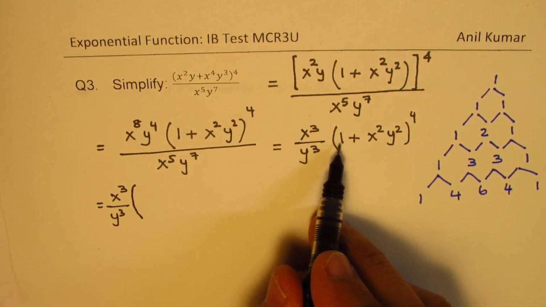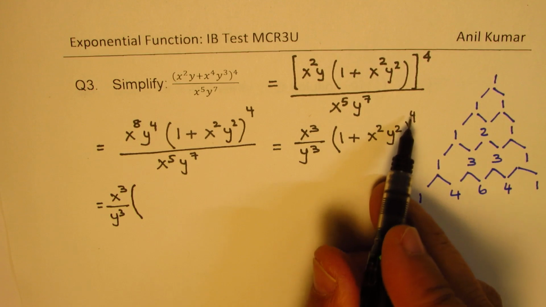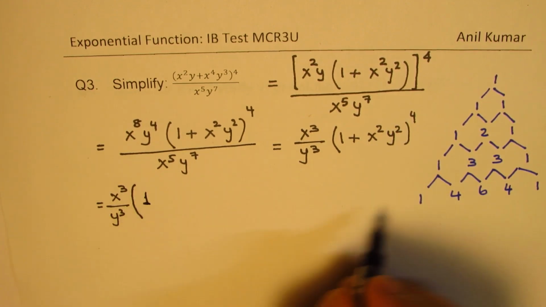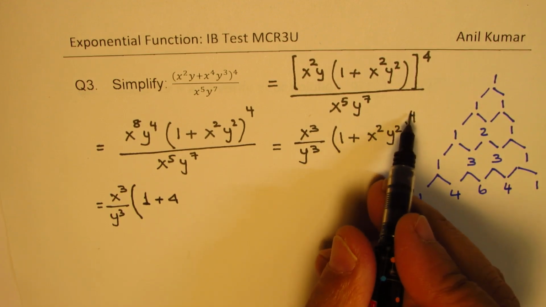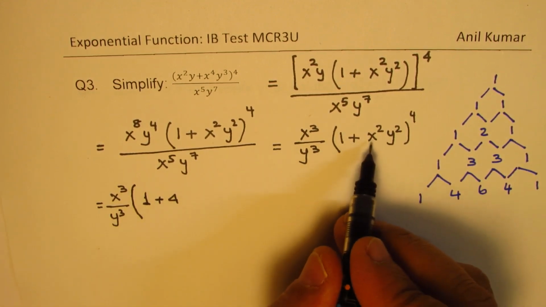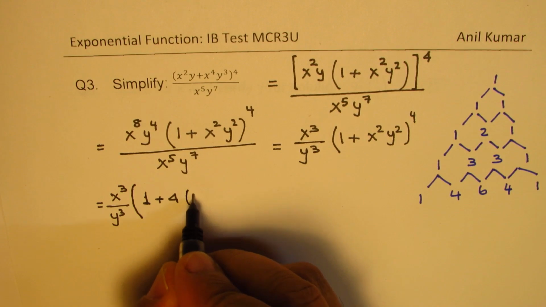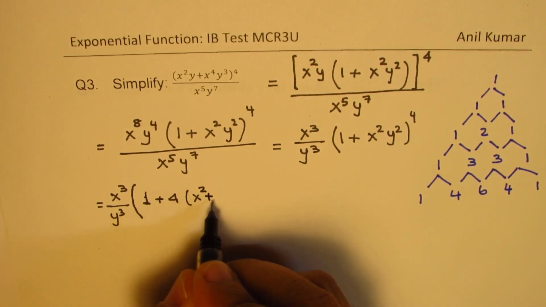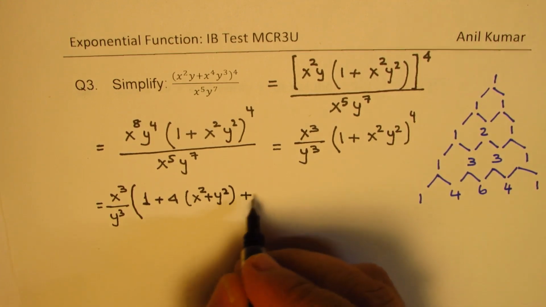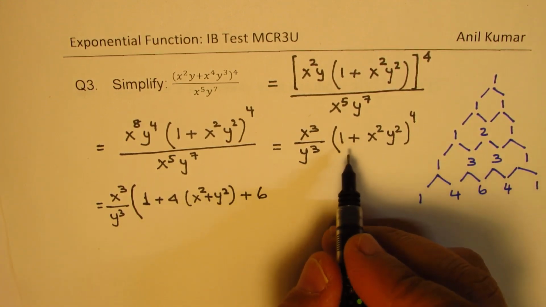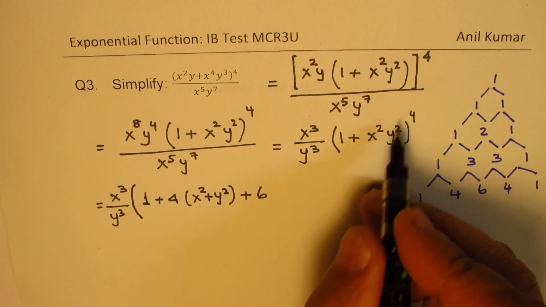So the first term is 1. 1 times 1 to the power of 4 is just 1, right? Then plus 4 times 1 to the power of 3, and this to the power of 1, which is x squared y squared, right? Plus this coefficient 6 times 1 to the power of 2 and this to the power of 2.